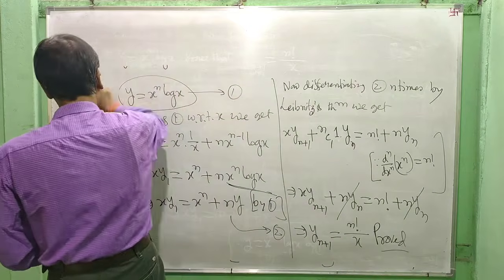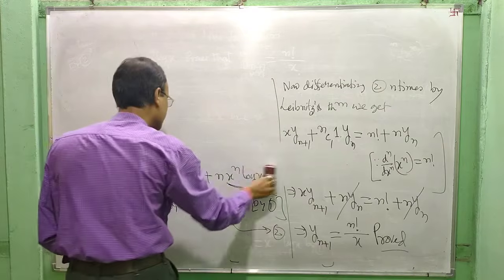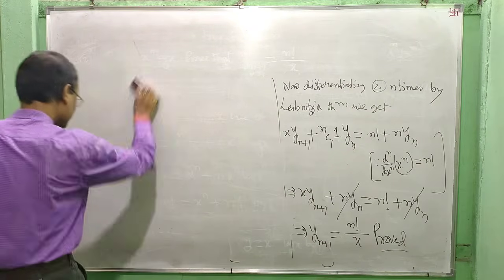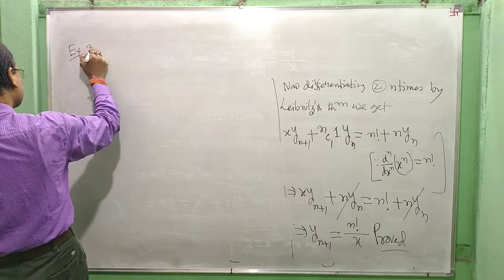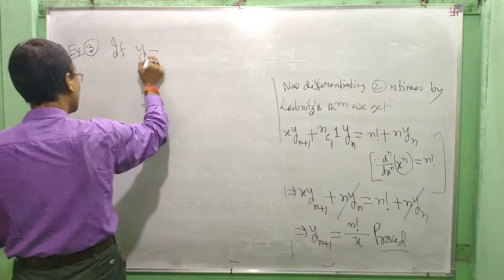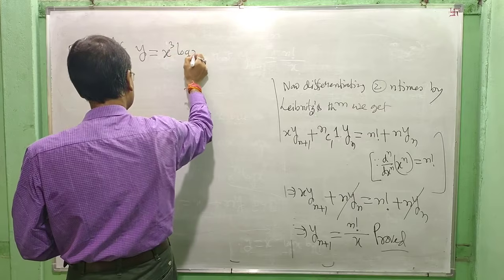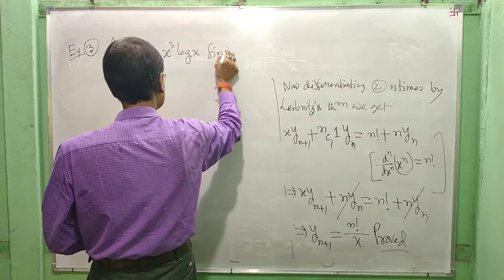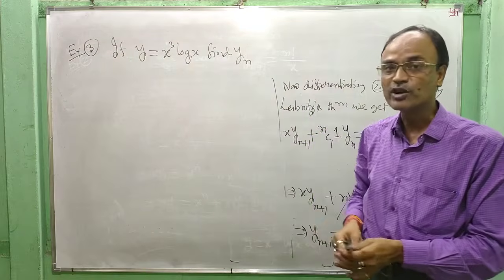Now, example number 3. If y is equal to x cube log x, find y_n.